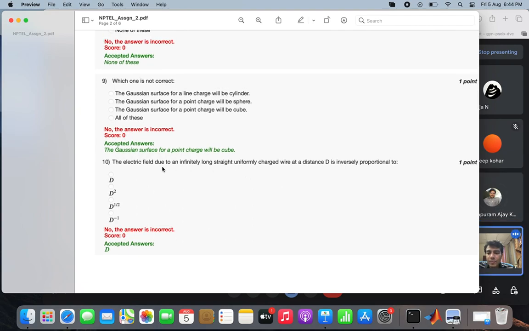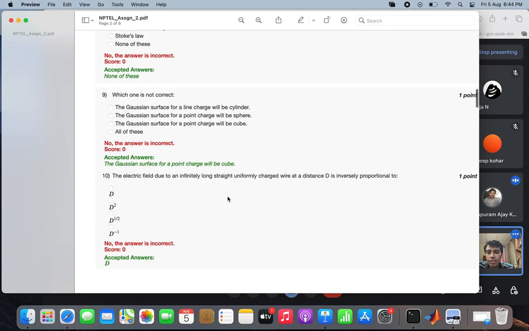That is given as the accepted answer, but technically speaking, for a line charge one can easily draw a cylinder. And for a point charge, in order to get the symmetry, we can draw a sphere. For a point charge, a cube Gaussian surface one can also draw, I think, sir.